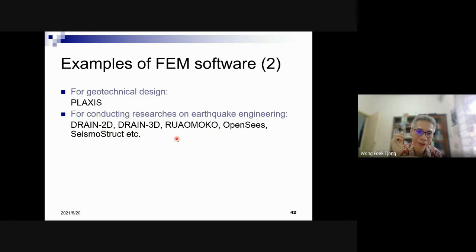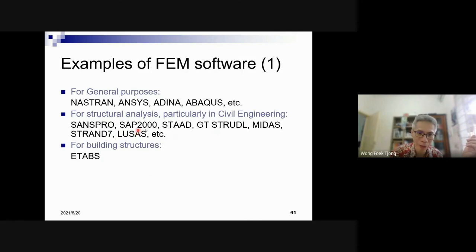Of course, there are also aspects of computation such as design. For example, in SAP2000, we also have design codes: concrete design codes, steel design codes, what else? Aluminum, cold-formed, quite complete. So it's suitable for professional structural engineers.